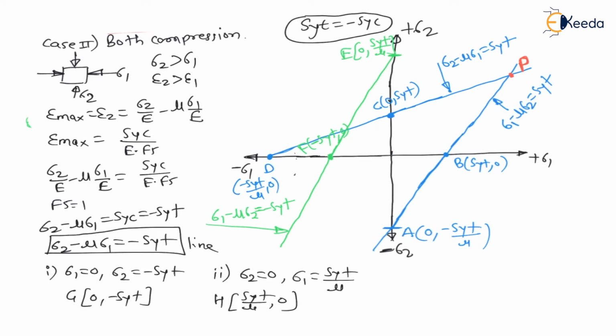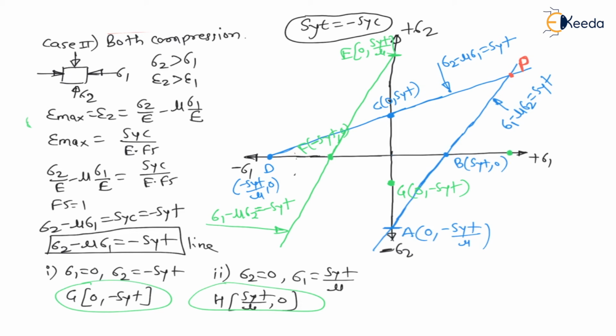Now with G and H as points, we have to draw one line between G and H. Therefore plot G and H. G is 0 comma minus SYT, so somewhere here we will get G point. The coordinates of H are SYT by mu comma 0, somewhere here.